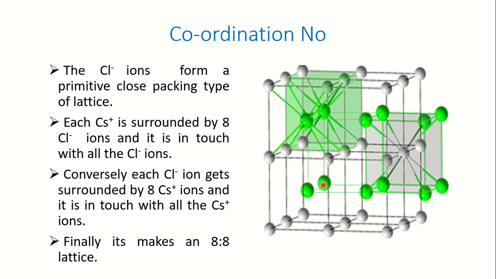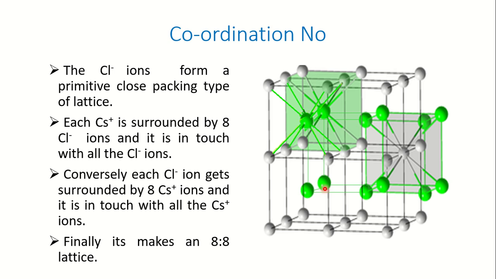But here, irrespective of being cation or anion, all the ions play an equal role in producing the reflection maxima. Therefore, in case of cesium chloride, the 100 plane, that is the 200 plane, is an alternate repetition of chloride ions or cesium ions.